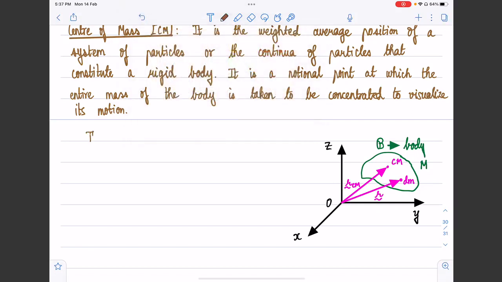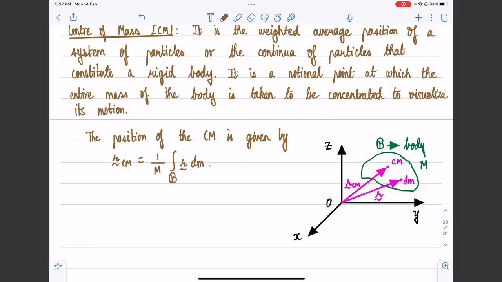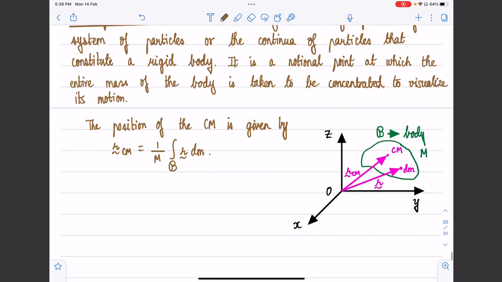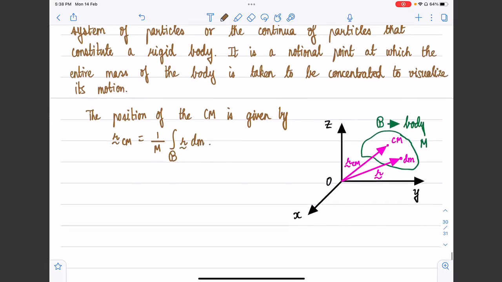It is given as follows: r subscript cm is equal to 1 by capital M times the integral over the entire body of the position vector r multiplied by the infinitesimal mass dm. We integrate over the entire body, and then divide by the total mass M. That will give us the position vector of the center of mass.